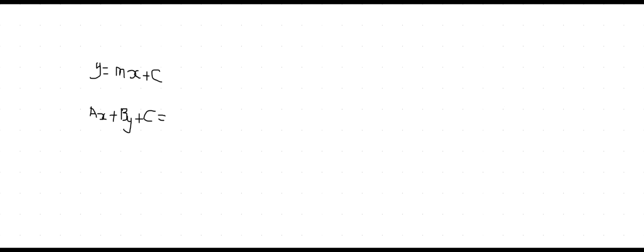So say we're told the gradient of a particular line is say 4. Okay, let me use a negative, say -4. And then the y-intercept is 5. So C is equal to 5.